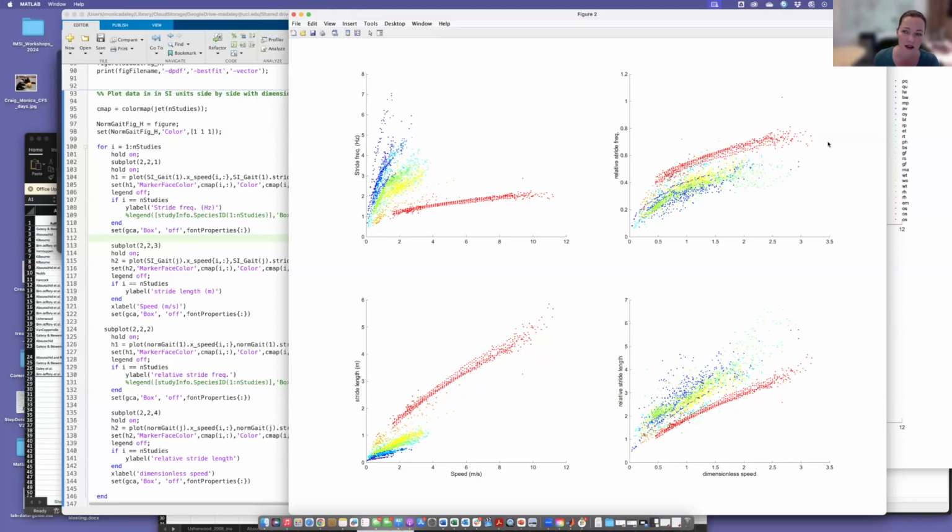But it's interesting that ostriches have exceptionally high relative stride frequencies, and people have speculated that that's because they're exceptional across the board. If you compare them to humans, they use much higher stride frequencies.